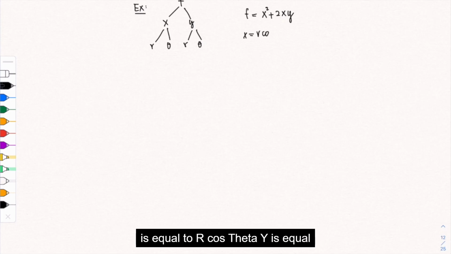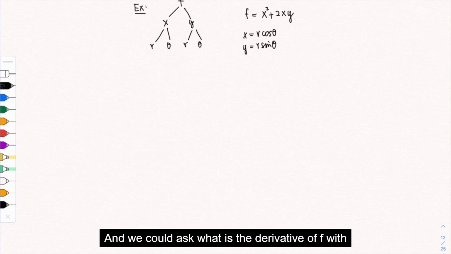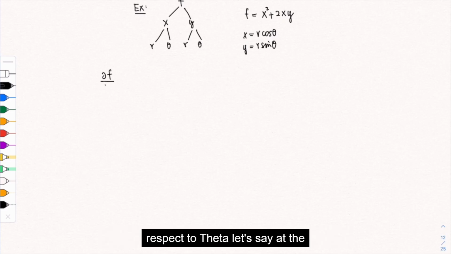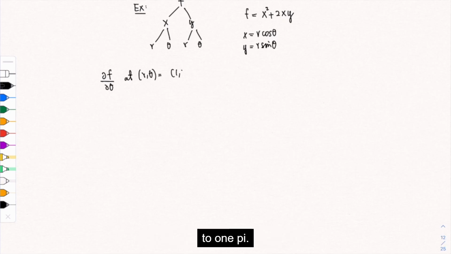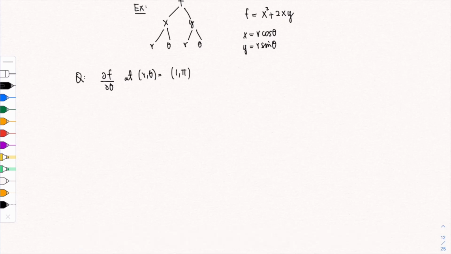X is equal to r cos theta, y is equal to r sine theta. Then we could ask, what is the derivative of f with respect to theta? Let's say at the point where r, theta is equal to 1, pi. For example, of course, I'm just making up these numbers. So this would be the question.